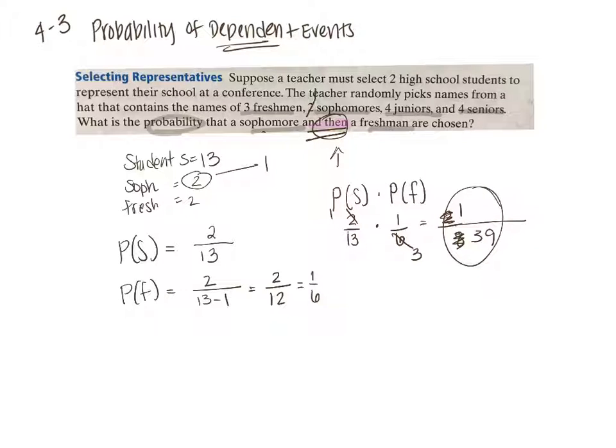So whenever you have an "and then" scenario, it's the probability of the first and then the probability of the second, but the denominator on the second is going to be 1 less than it was before. And that will give you your probability.